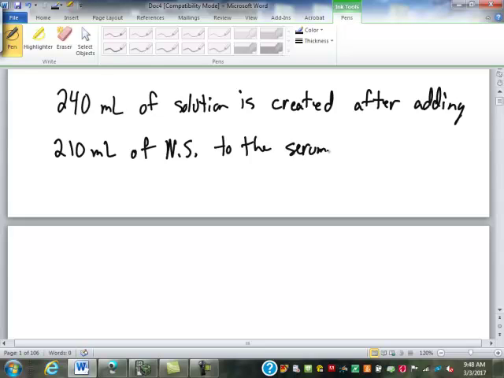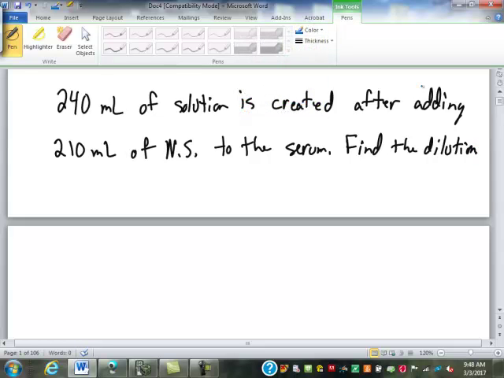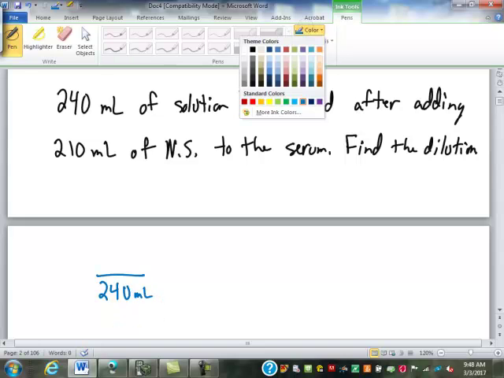Once again, find the dilution. So we have 240 milliliters of solution. So that would be the bottom number in our dilution.